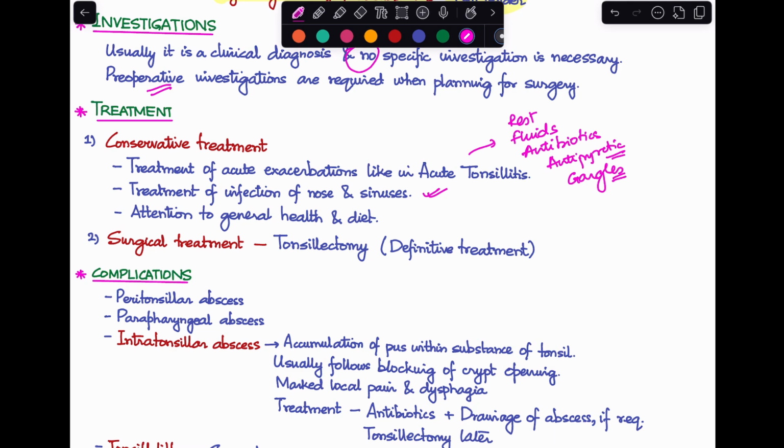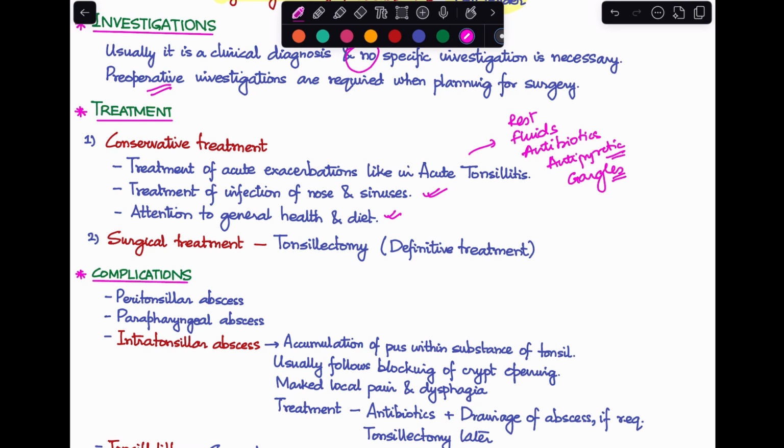Next, if there is any focus of infection elsewhere, like the nose, sinuses, or the teeth, that has to be treated. And you'll also have to pay attention to the general health of the patient and the diet that they are taking. Next, the mainstay of treatment of chronic tonsillitis is only surgery, and the surgery involved over here is tonsillectomy.